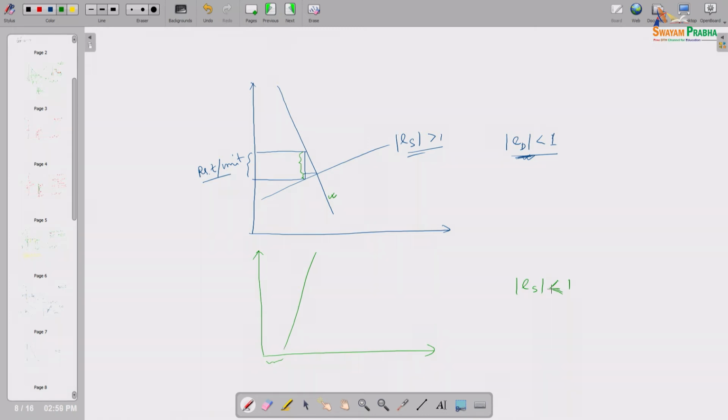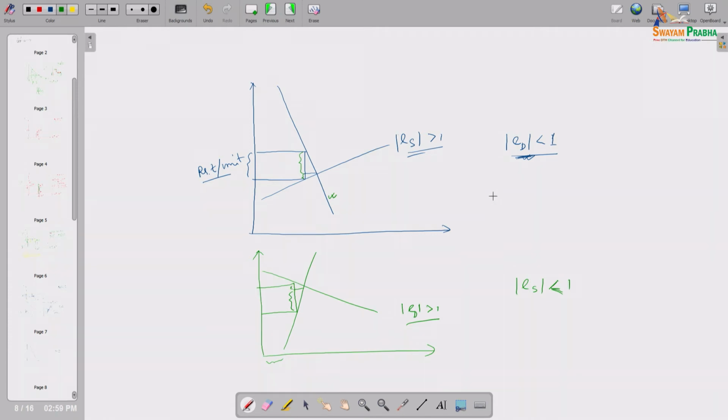But the demand curve is much flatter, so elasticity of demand is relatively greater than 1, more elastic. Suppose this is the wedge of the tax. Look here, who is paying out of that? Sellers are paying this much, and customers are paying only a small amount.